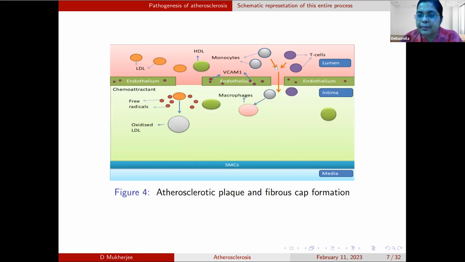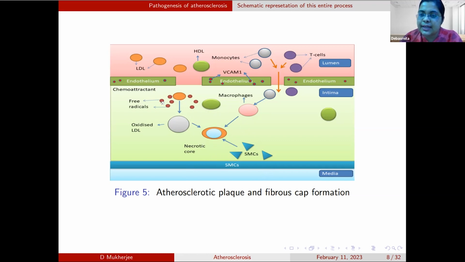Inside the intima, monocytes become macrophages, and macrophages phagocytose oxidized LDL, and that is how the necrotic core is formed. While the cellular interaction is going on inside the intima, smooth muscle cells from the media migrate into the intima layer, and then they form a collagen-rich matrix outside the necrotic core.